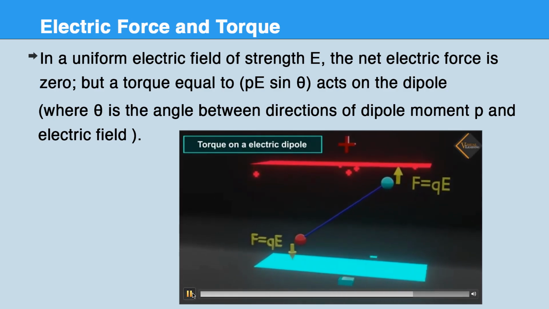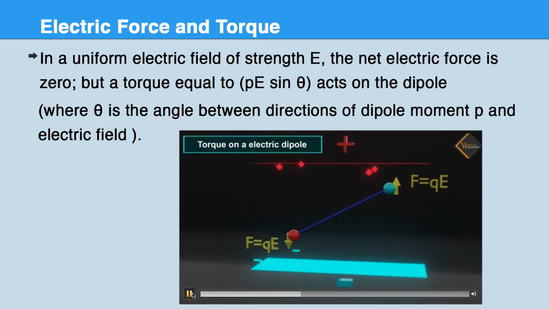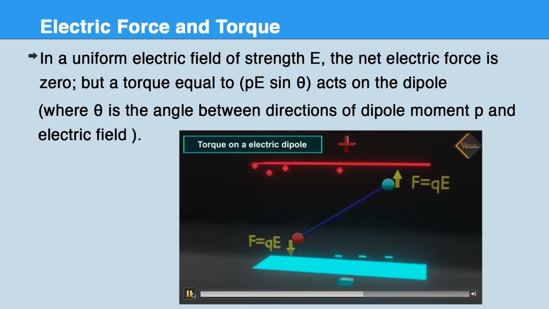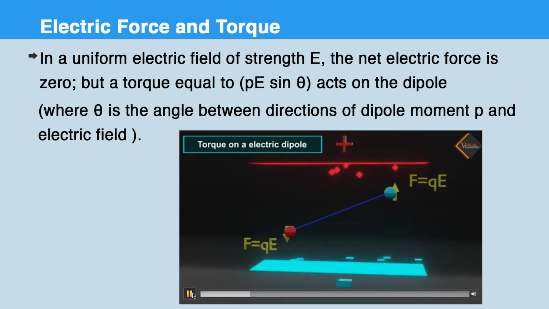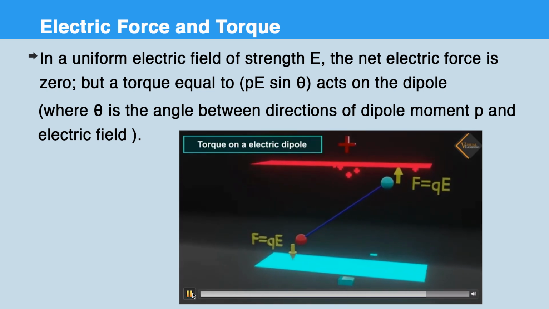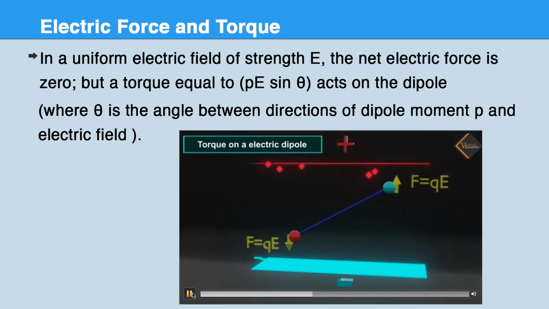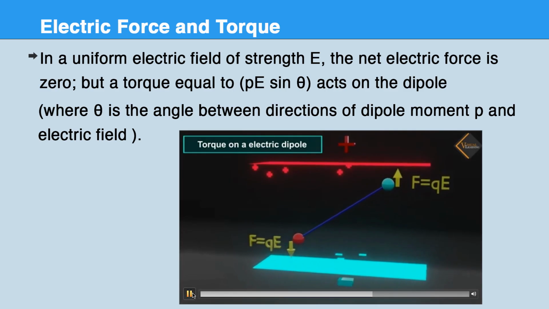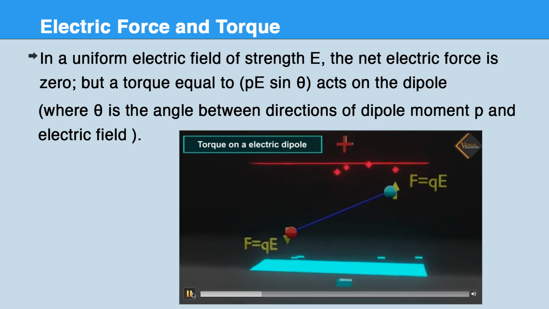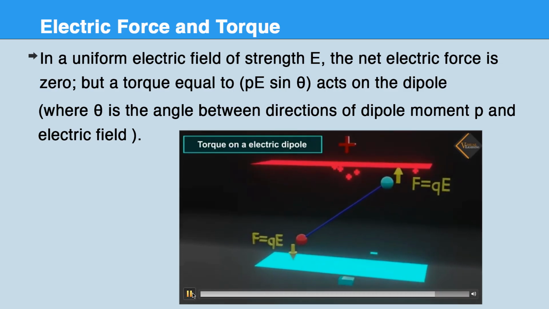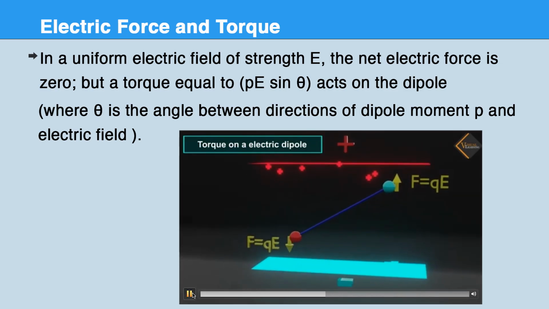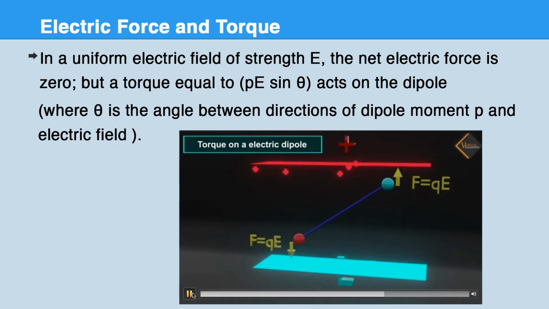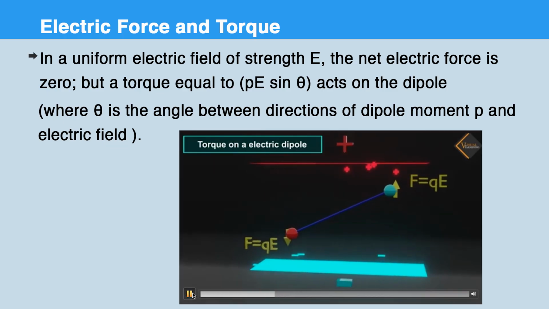For a dipole with charges plus q and minus q separated by a distance 2l placed in a uniform electric field, the positive charge plus q experiences a force F1 and the negative charge minus q experiences a force F2, F1 equals qE and F2 equals minus qE. So, these forces are equal in magnitude but opposite in direction. The net force on the dipole is 0.